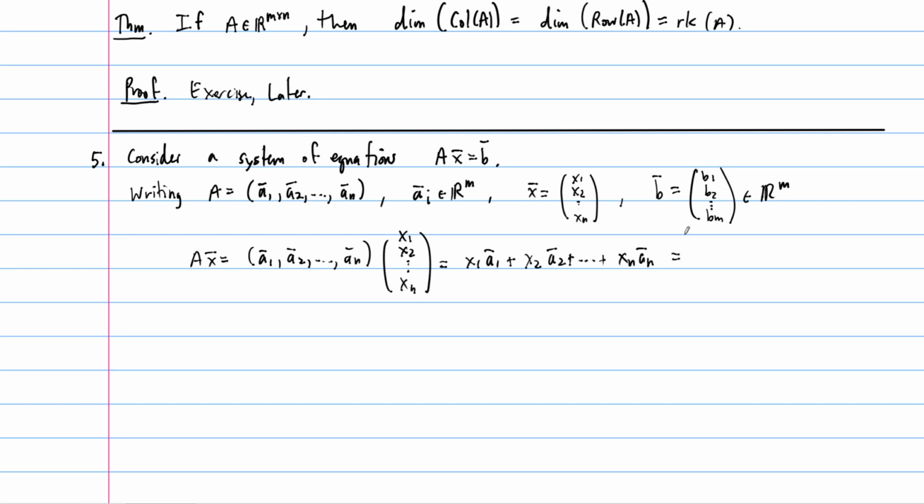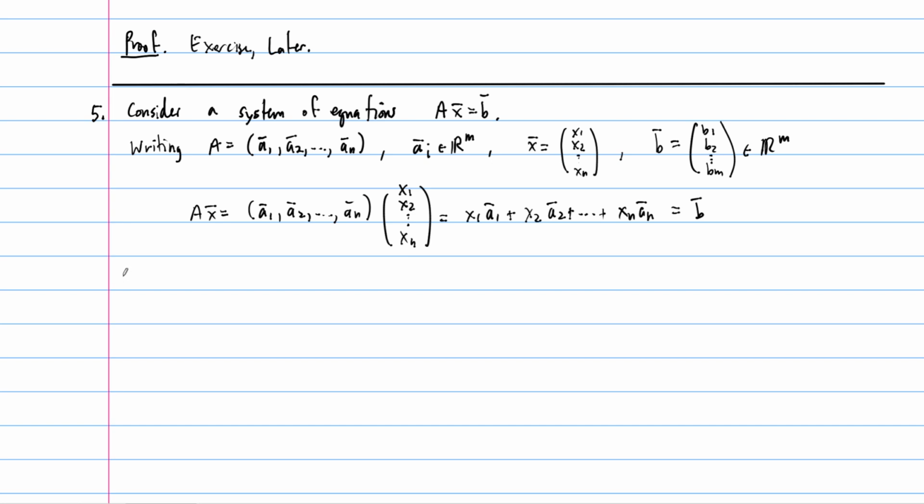And our system of equations says we're trying to find these x values such that this linear combination of the columns of A equals b, right? Equals b.